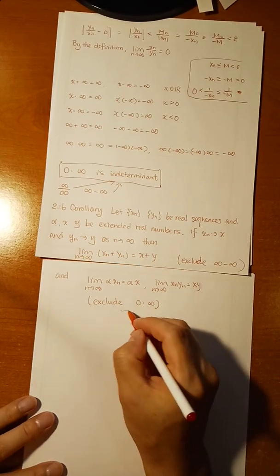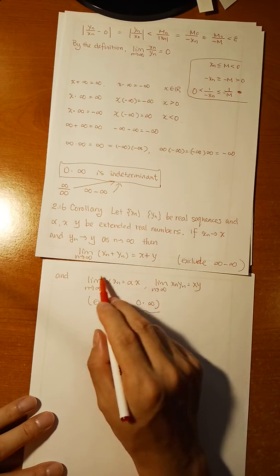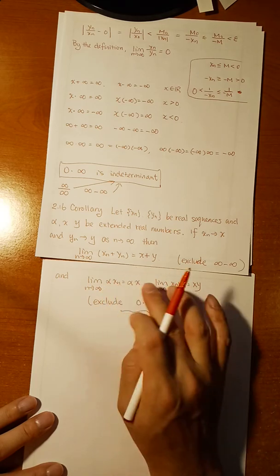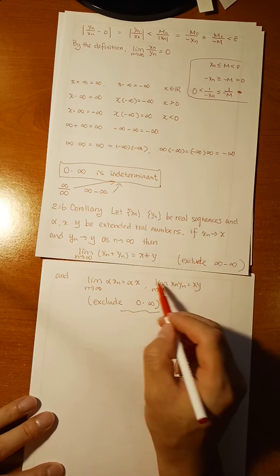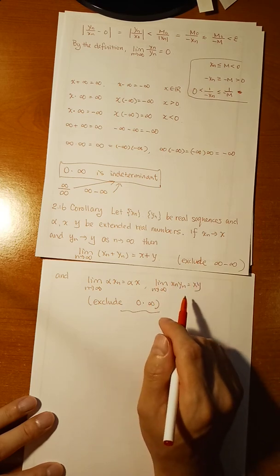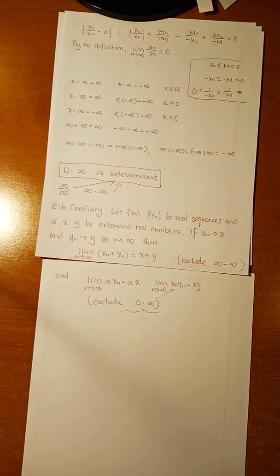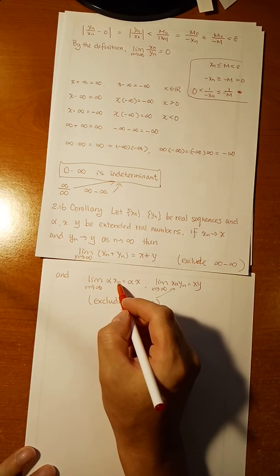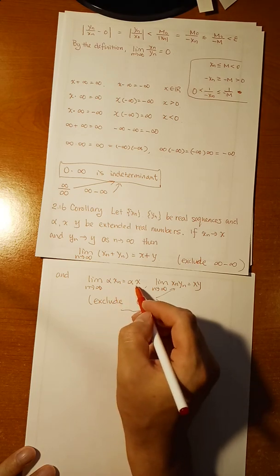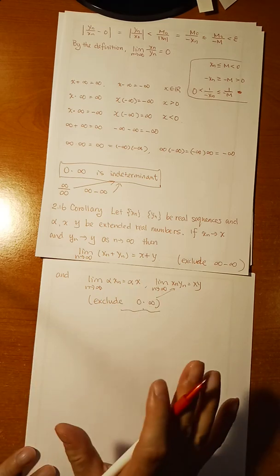So when you have alpha equal to 0 and xn approaches infinity, that one is always 0. Here, when xn approaches 0 and yn approaches infinity, then this limit is indeterminate. So this corresponds to that. Okay, when alpha is 0, alpha times xn is always 0, so the limit of 0 is always 0. Even though xn approaches infinity, this part is always 0.